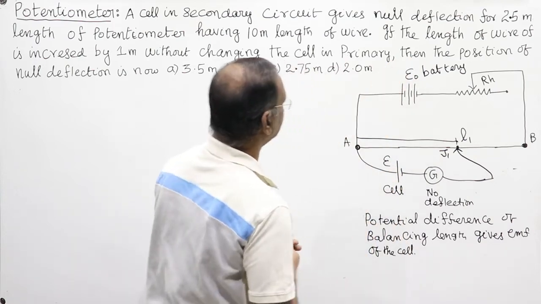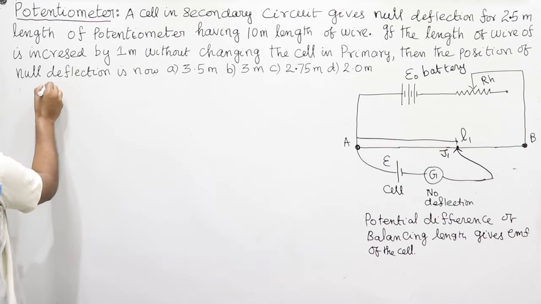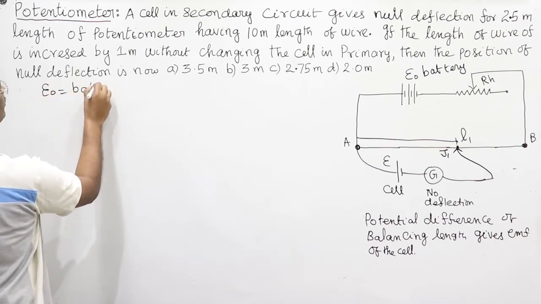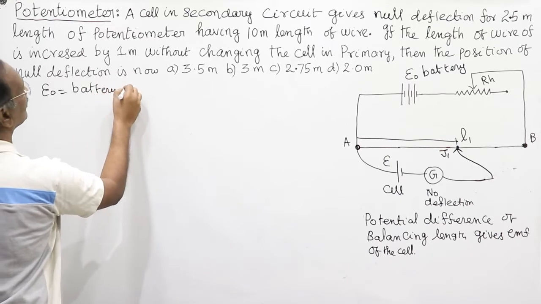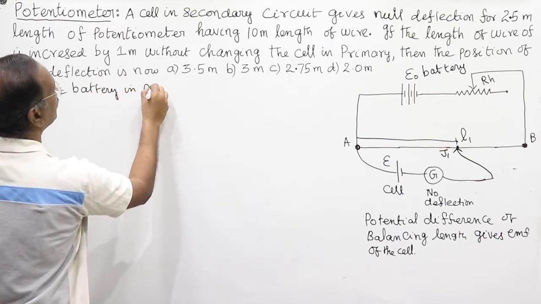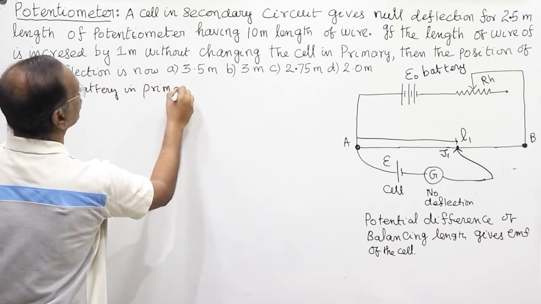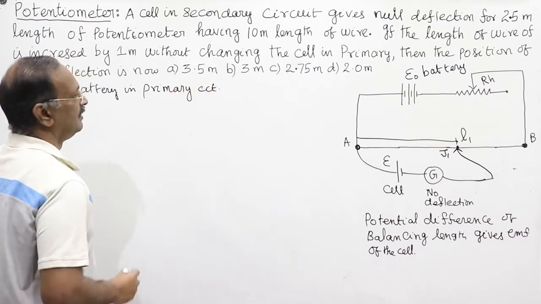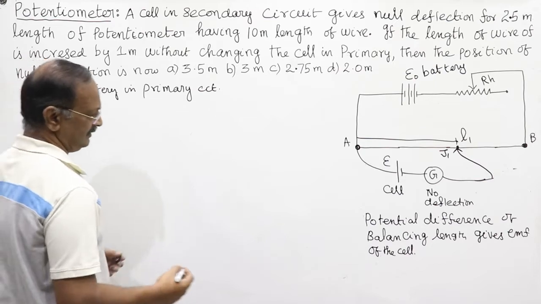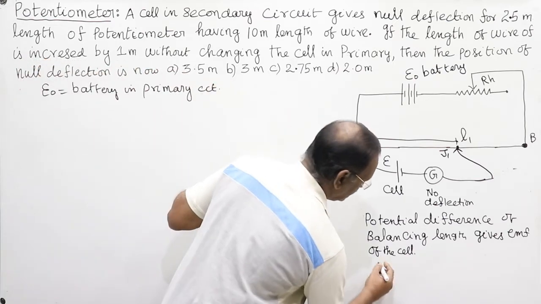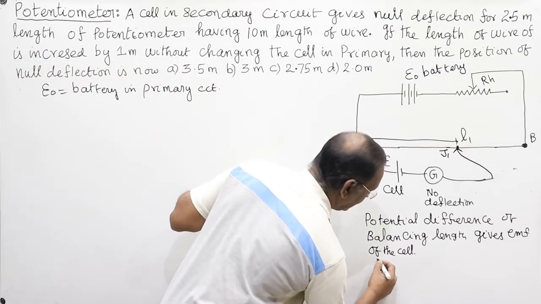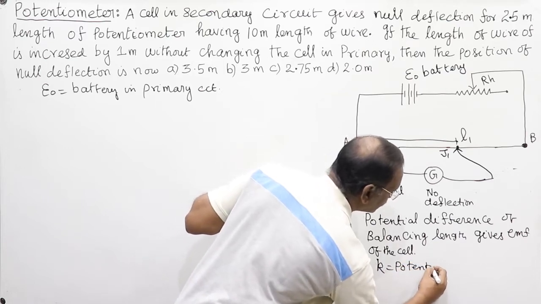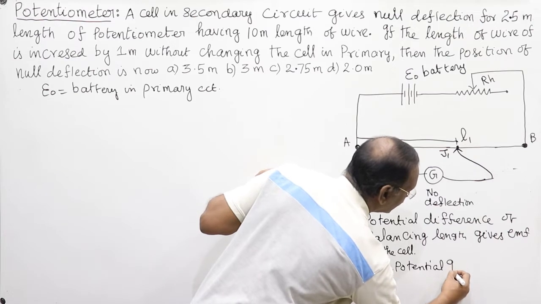This is a battery. So E naught is equal to the battery in the primary circuit. And what is K? K is the potential gradient.